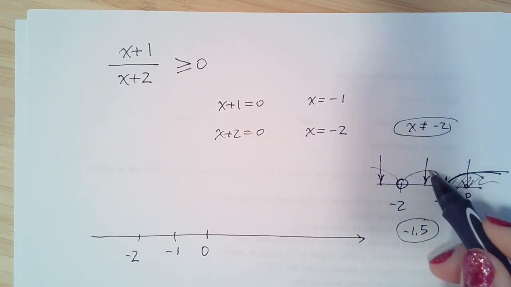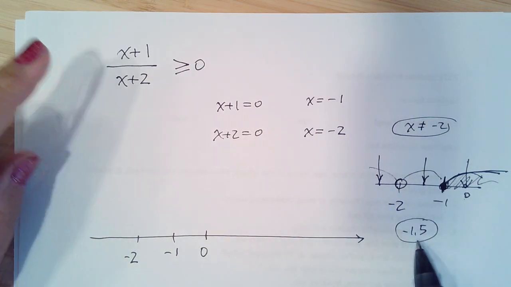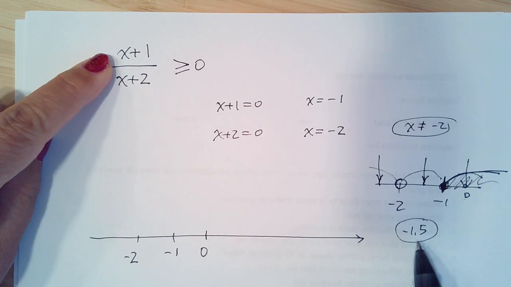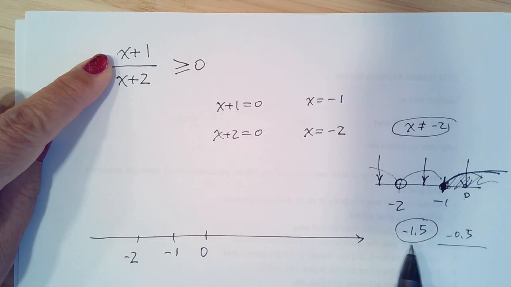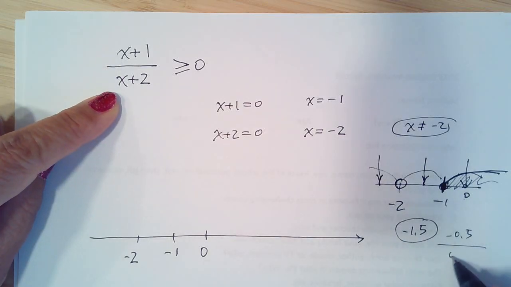Okay, and from -1 to -2, I put a -1.5. How about that as my test value? And then I put in -1.5 into here. -1.5 plus 1 is going to be -0.5 on top, and the denominator -1.5 plus 2, I get a positive 0.5. What do I have? I have a -1.